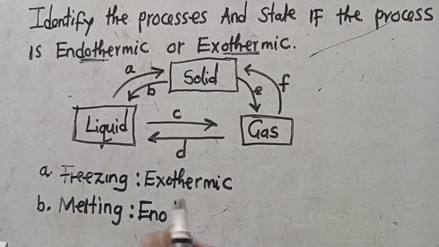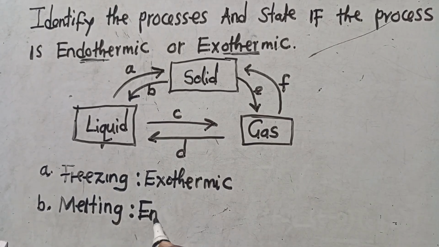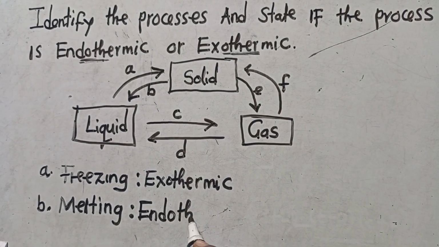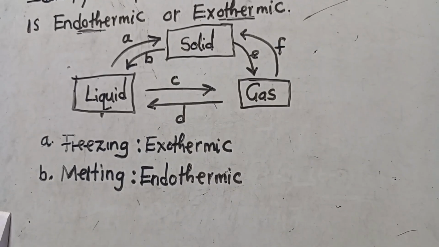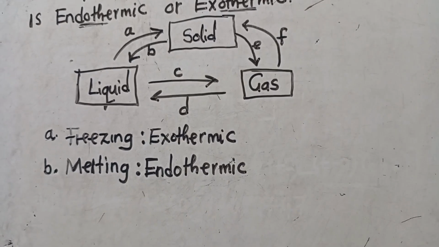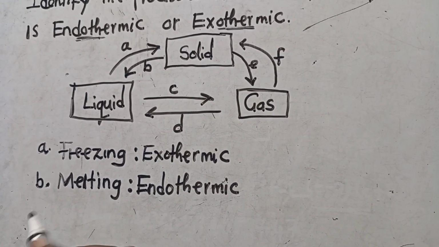For melting to take place, heat must be absorbed from the surrounding. So it is an endothermic reaction. I guess we are moving together. You are able to see how these things are happening. We now move to the next one.